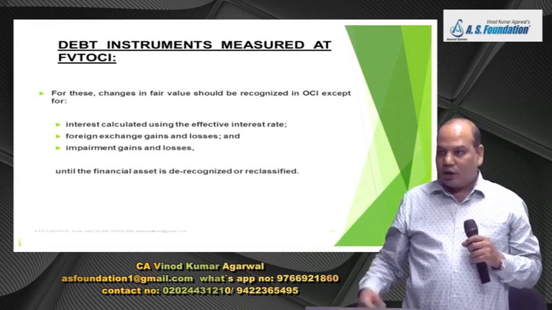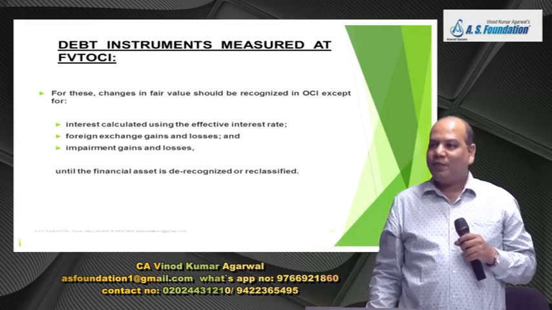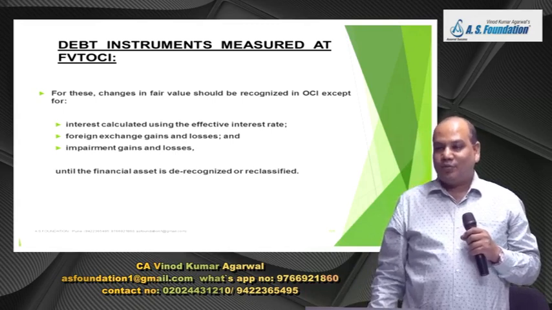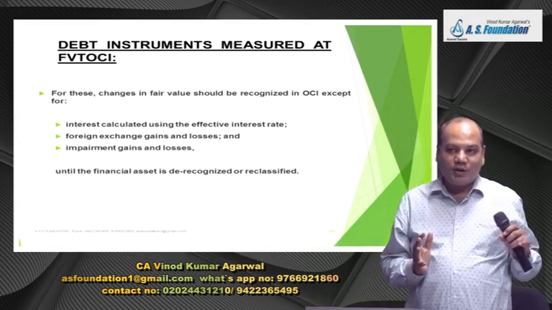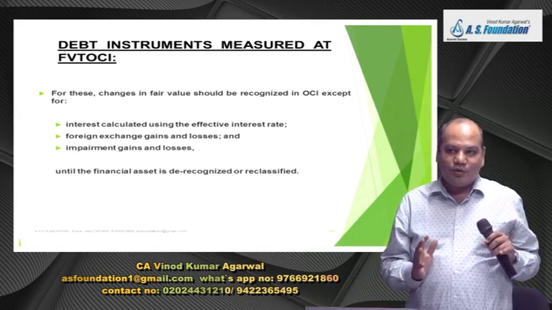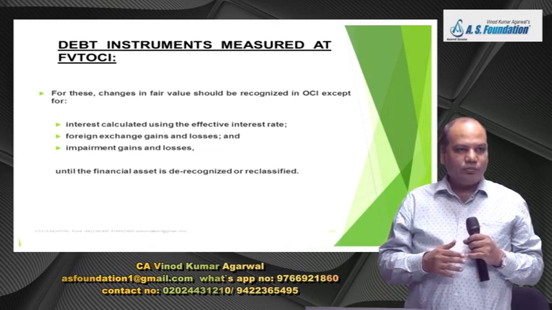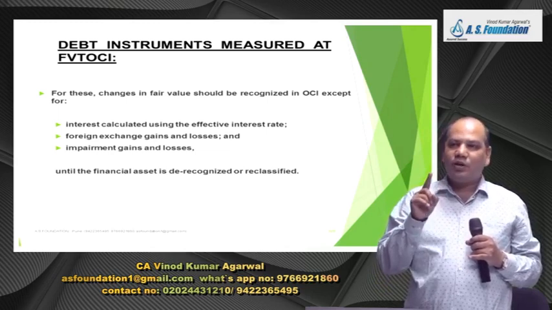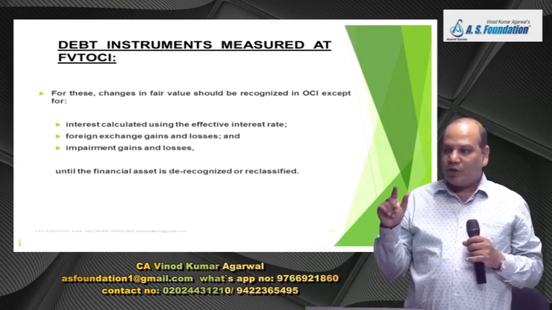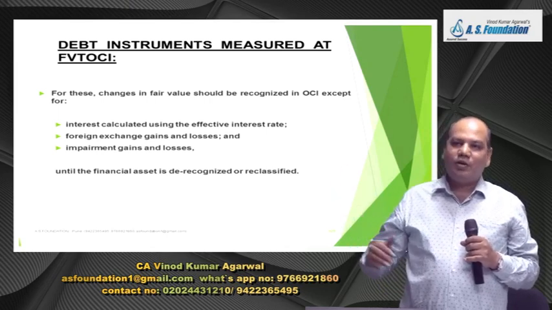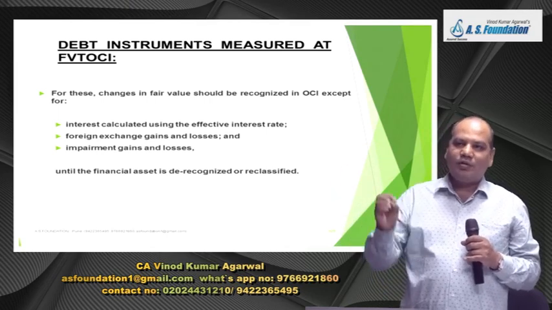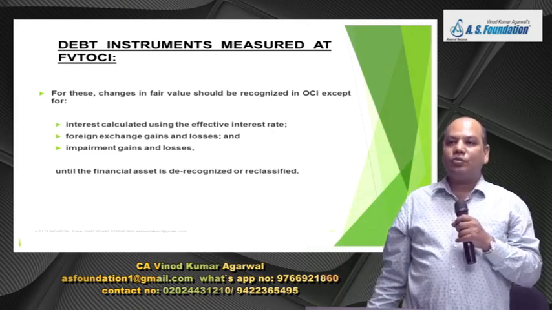Okay. And at the end of the year, you have to also value it at fair value. So you are actually mixing the two concepts, fair value concept and effective interest rate concept. Effective interest rate as per the amortization table, fair value as per the end of the year, and if your account doesn't tally, again the difference will be transferred to OCI.